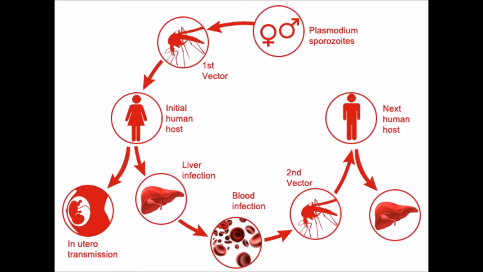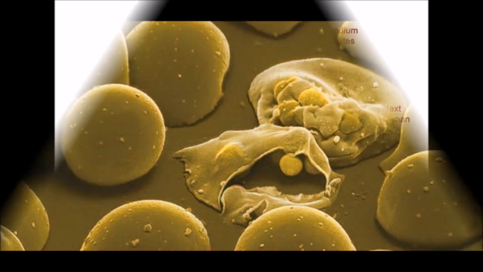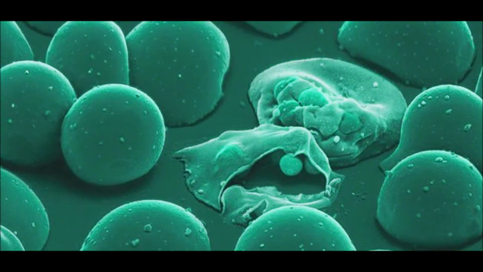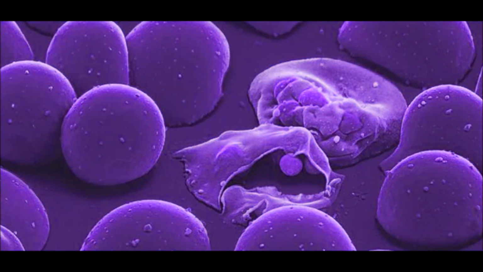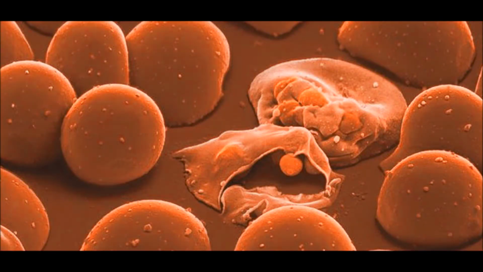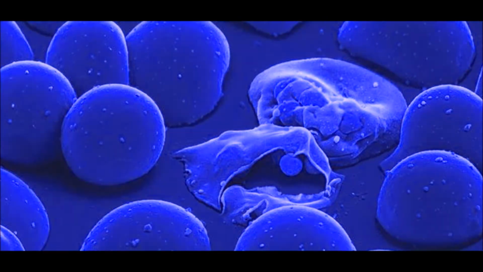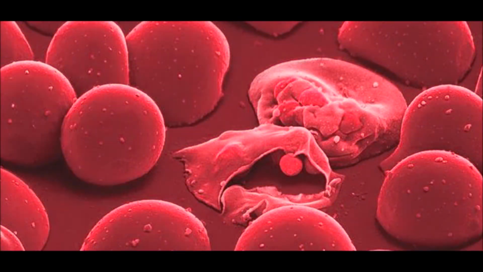And some of the anti-malarial medications include quinine, chloroquine, primaquine, mefloquine, doxycycline, just to name a few. And there have been reports that show that Plasmodium falciparum in some areas is resistant to chloroquine, and in this case quinine can be used.